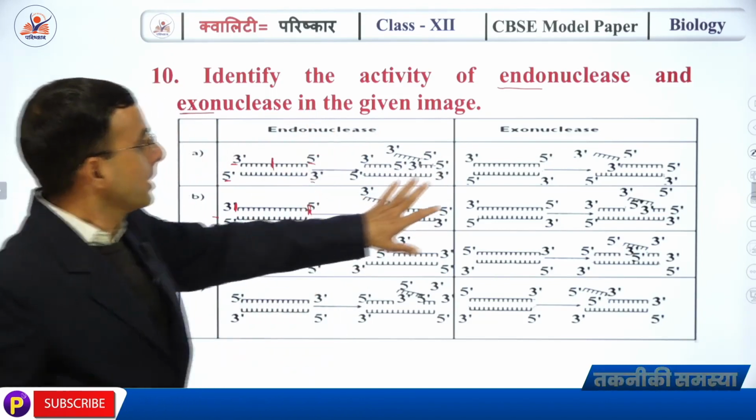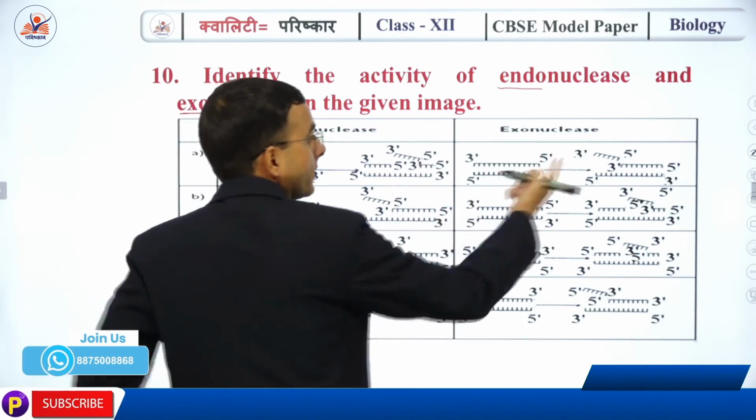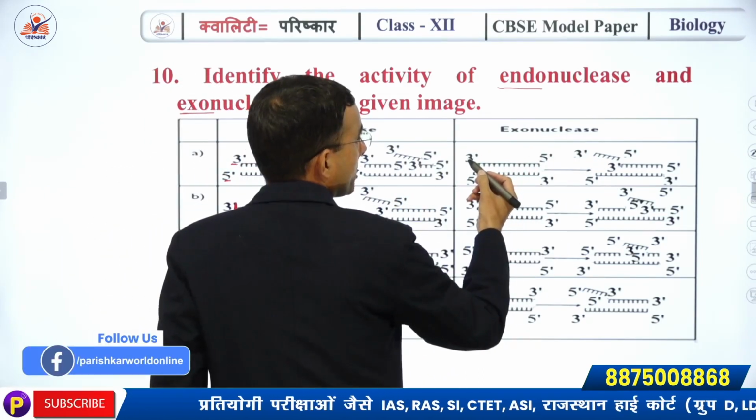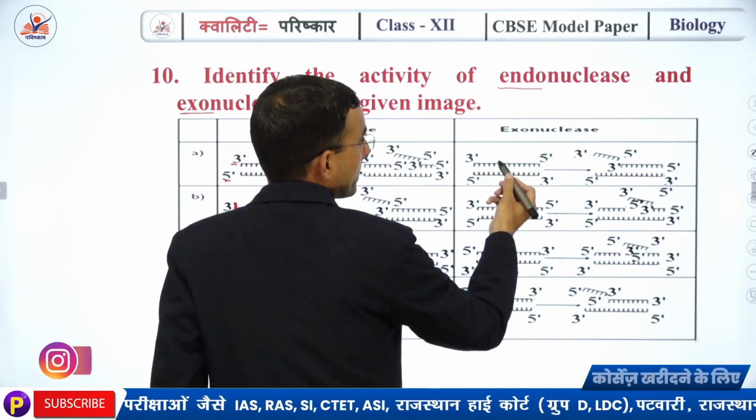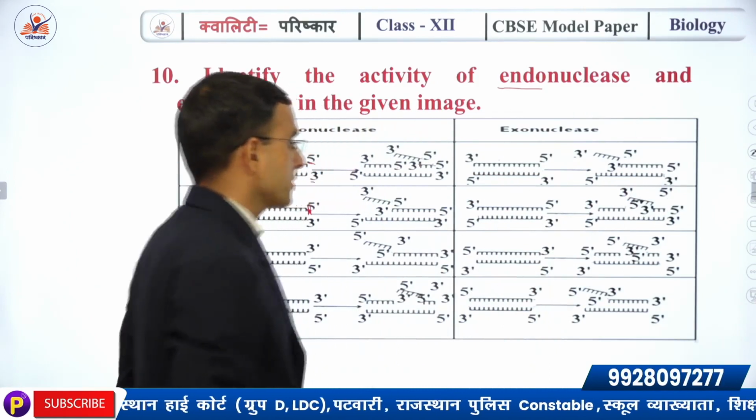That is one option. But what is the problem with the exonuclease? Exonuclease always cuts from the end. So if this one is 3', then this one is 5'. Next, this one is 3', and this one is 5'.